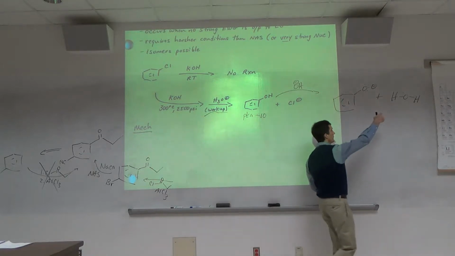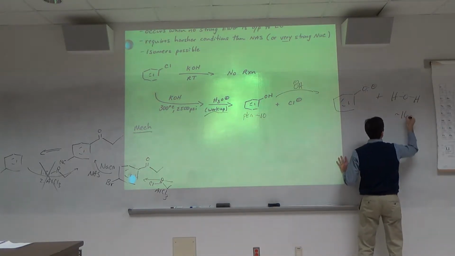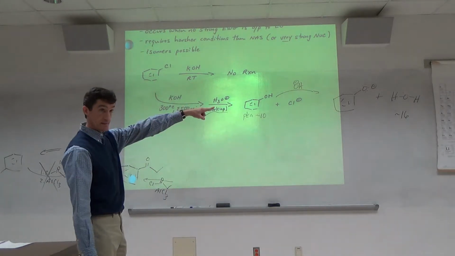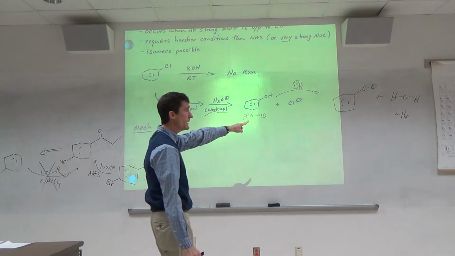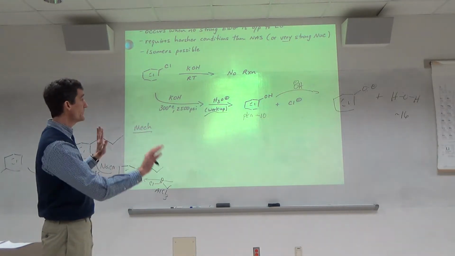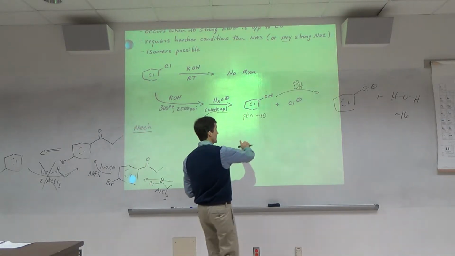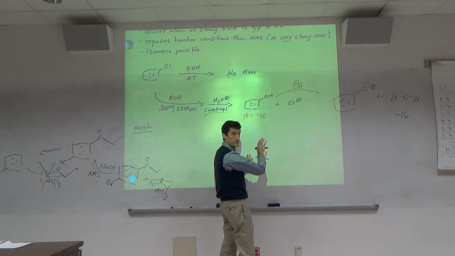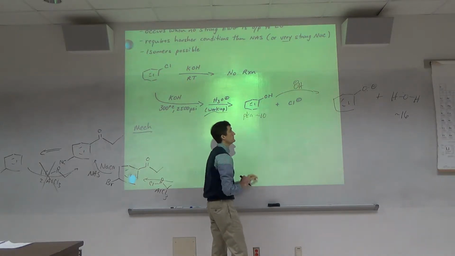What's the pKa of water? 16. Which side is favored, 10 or 16? 16. That side's favored. By how much? 10 to the 6. A million. You cannot say, hey, phenol, even though you're favored to do this with hydroxide, I don't want you to do that. It won't listen to you. That's going to happen.